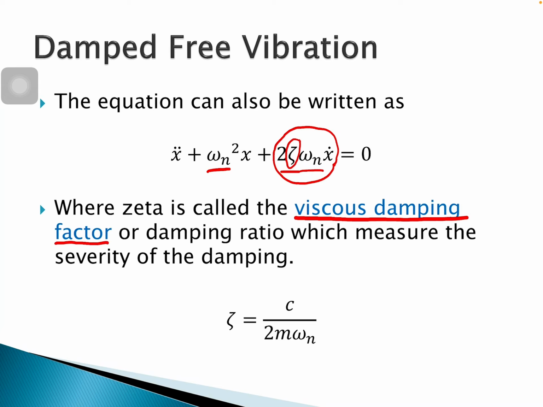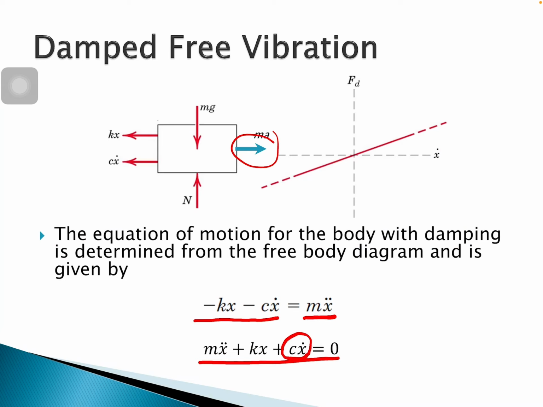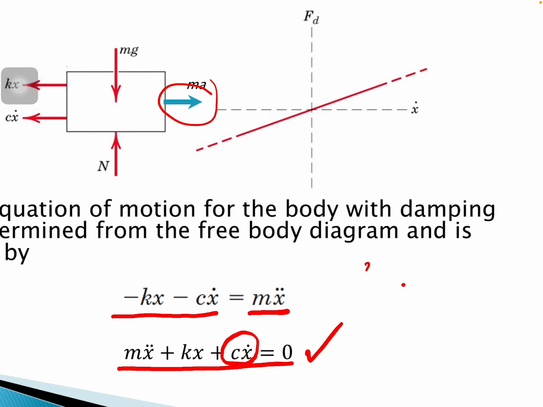So what is zeta? This is the formula of zeta. Actually, you can get zeta from this equation. You divide everything by m. When you divide everything by m, you will get the equation equal to 0.